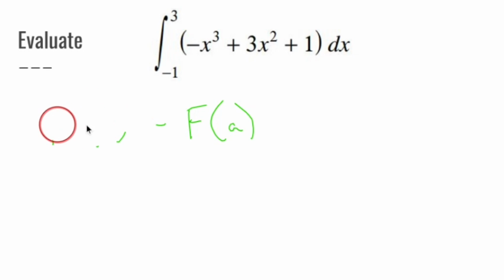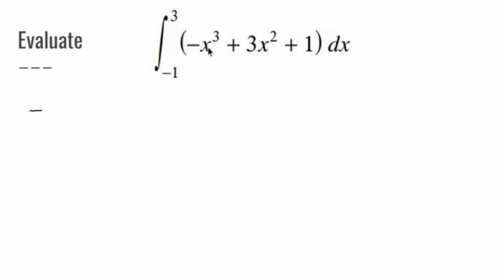The first thing I have to do is take the integral. No plus c's in this, we are finding absolute answers. You're taking the integral of -x to the third plus 3x squared plus 1. A lot of power rule going on here.